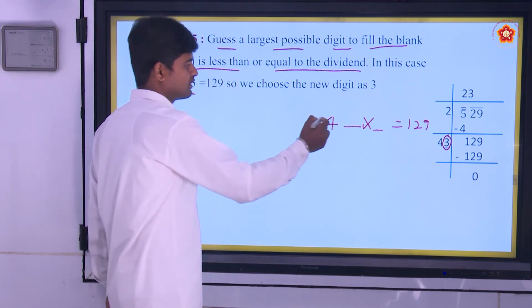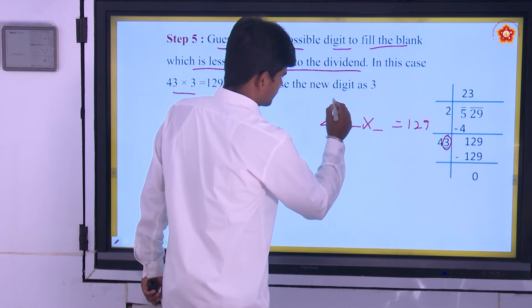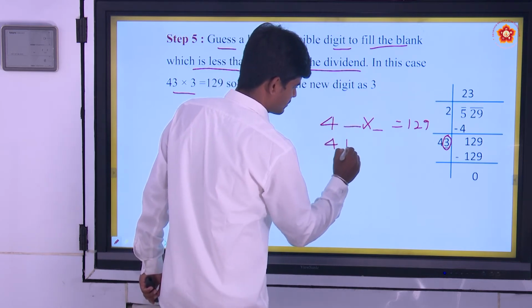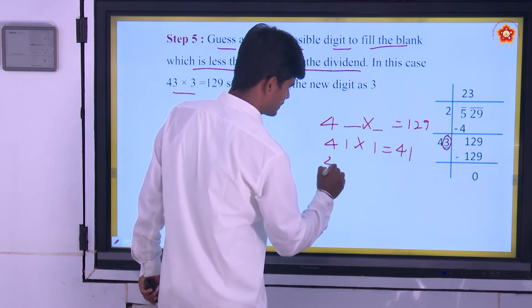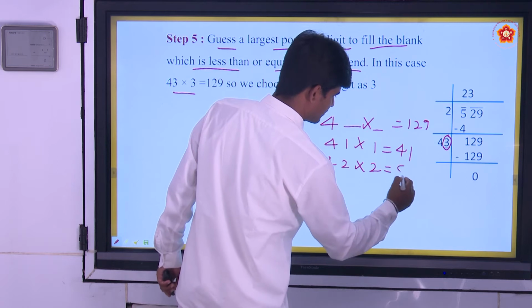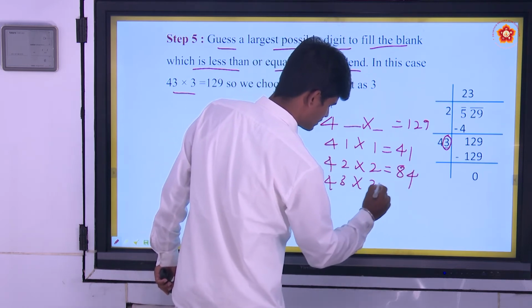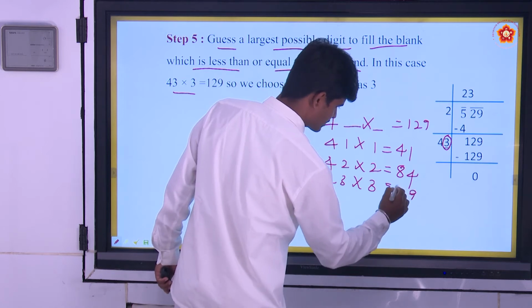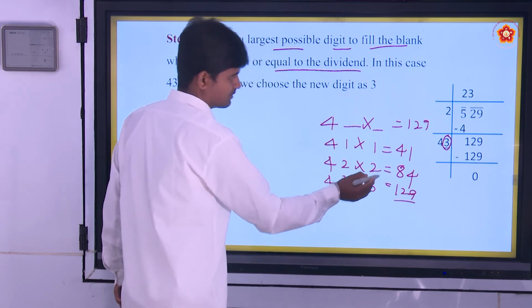Which number do you have to fill in? You have to check once. 41 into 1 is equal to 41. 42 into 2 is equal to 84. 43 into 3: 3 threes are 9, 3 fours are 12, 129. Yes. So now fill 3 in that blank.